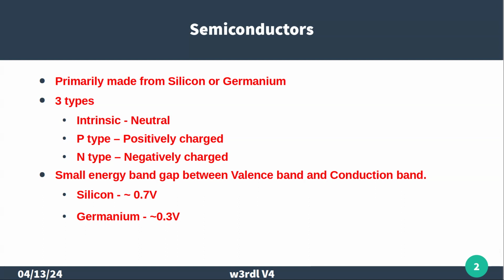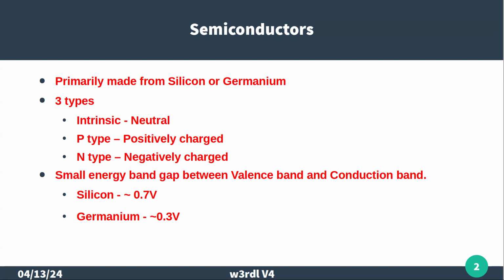Current will not flow through it without a very strong potential across it. Then we have a P-type and an N-type. P-type silicon has a positive net charge to it. N-type obviously has a negative net charge. And we'll talk a little bit about how those are made.